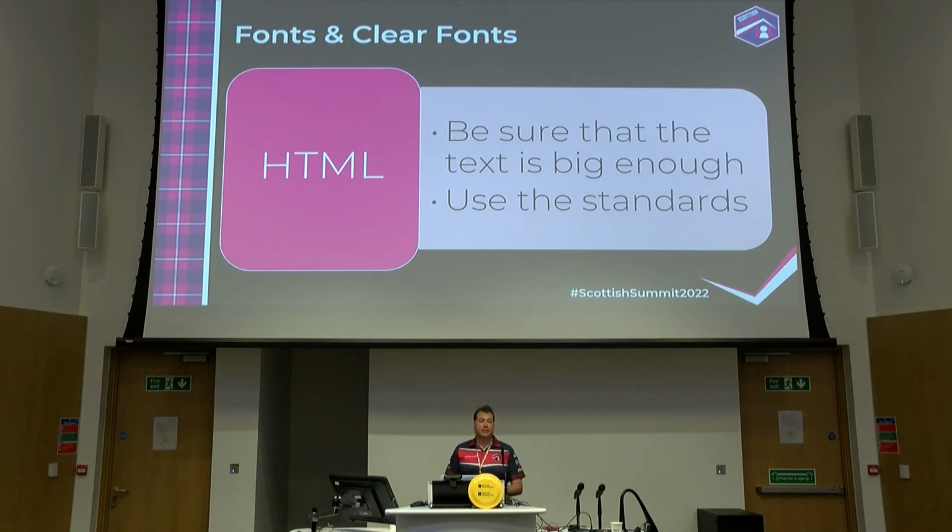Be sure that the text is big enough for people. Really something simple to say, but not simple for everyone. Use the standards. How many of you are doing consultancy and have a customer asking for quite a special font made by a special designer, and it's not accessible? It's not working everywhere and not on each device, and especially not for the accessibility tools. Tell them, teach them to use the variety of standard fonts.